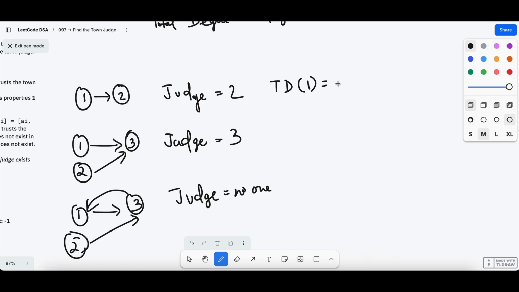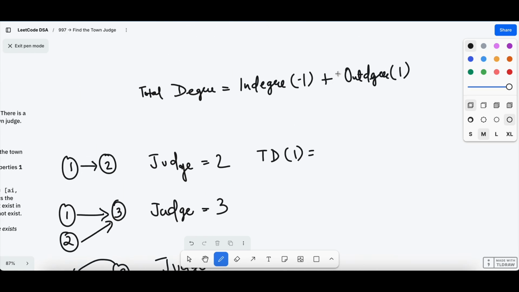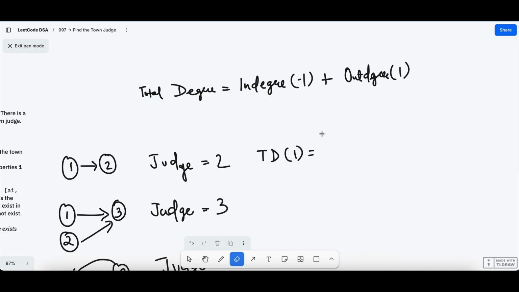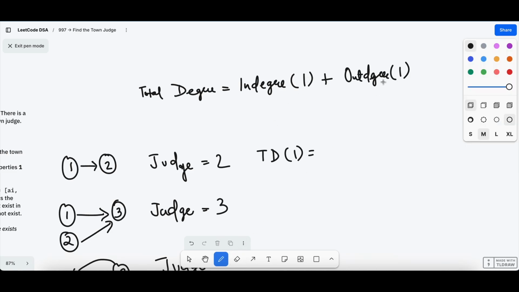Because 1 has an out degree, so -1. We can say in degree is 1 and out degree is -1, correct.